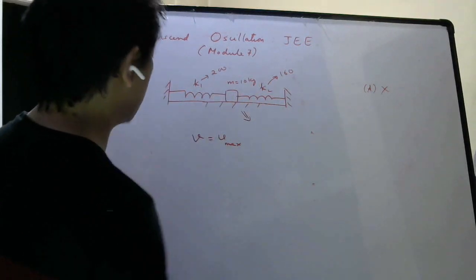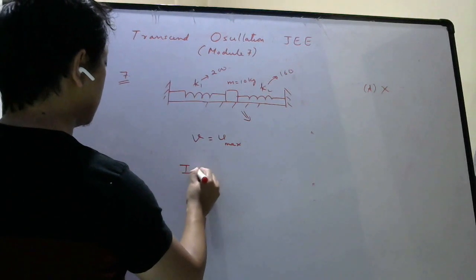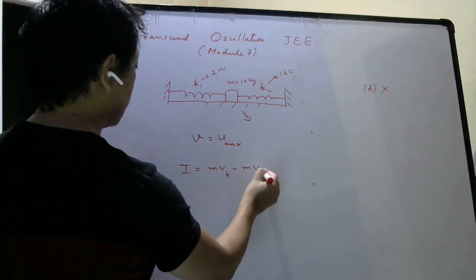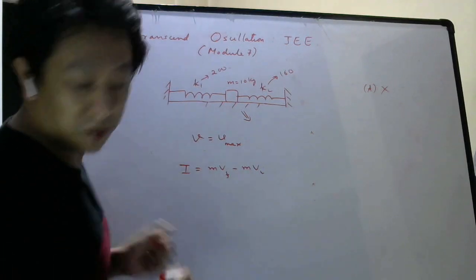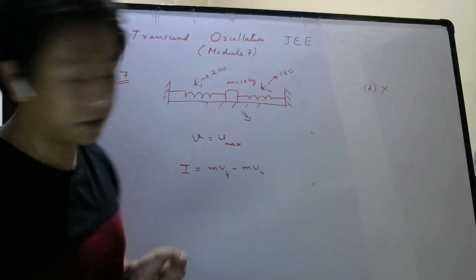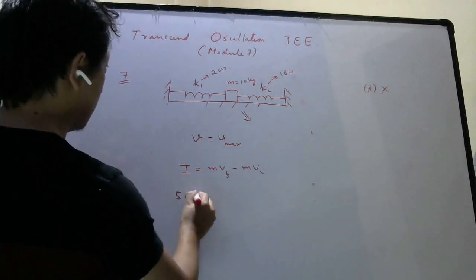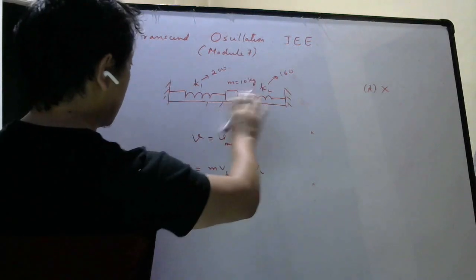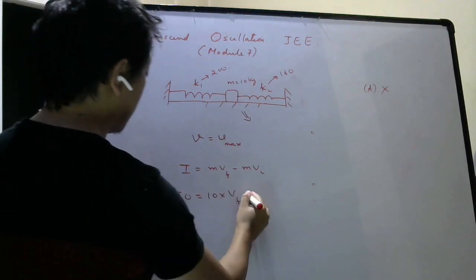So we need to find the velocity with which it starts. Initially it was at 0 speed. Impulse is change in momentum, so m final minus m initial. Impulse was mentioned to be 50, I think. Yes, so impulse is 50, mass is 10. Final velocity is the velocity with which it starts here itself, because it is impulse, again I'm telling you.